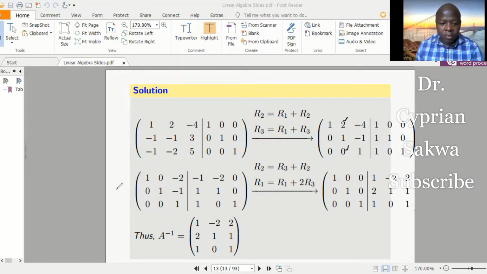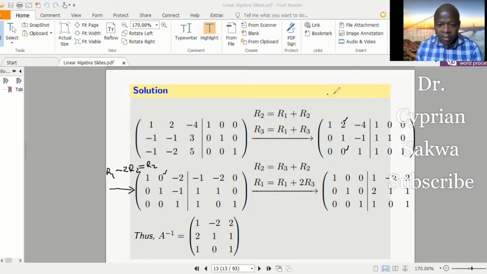We're supposed to take row 1 minus 2 row 2, and this should be our new row 2. So row 1 minus 2 row 2. So that means 1 minus 2 times 0 will remain to be 1. 2 minus 2 times 1 will be 0. That's the 0 you are seeing there.